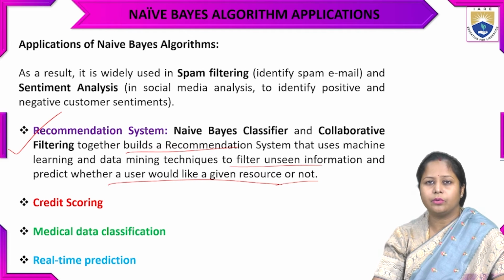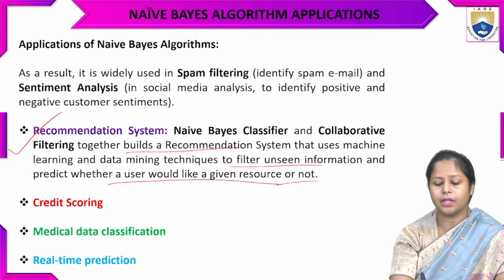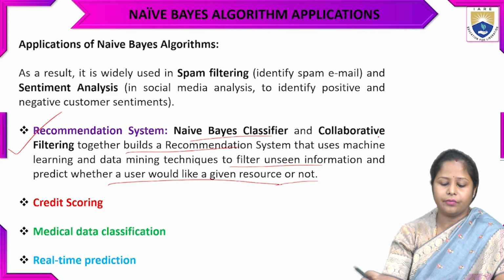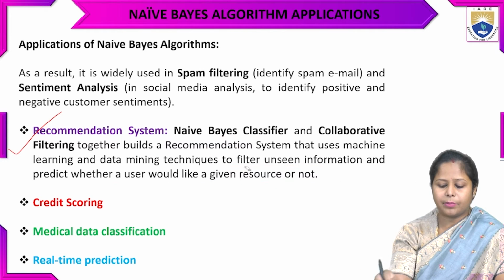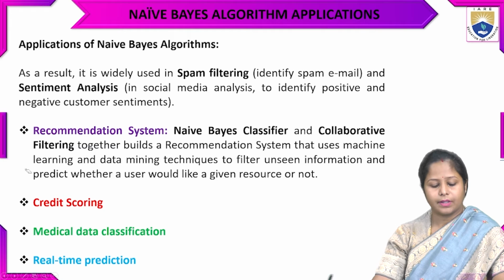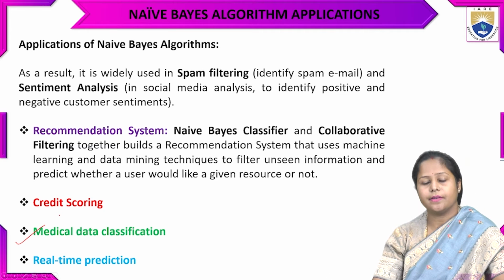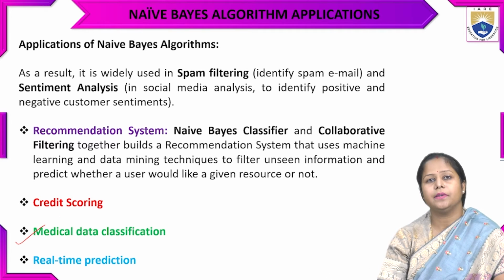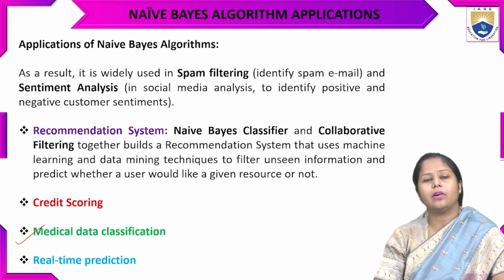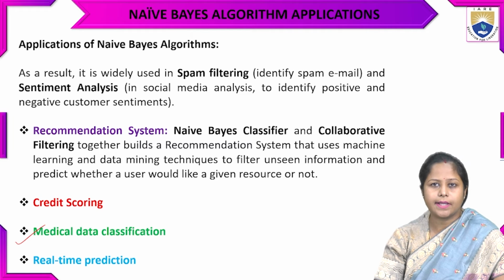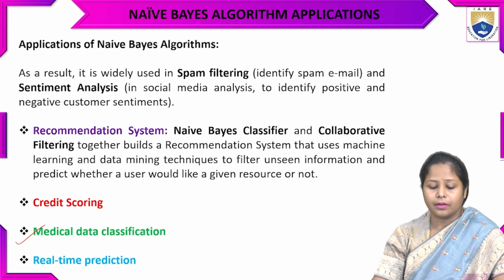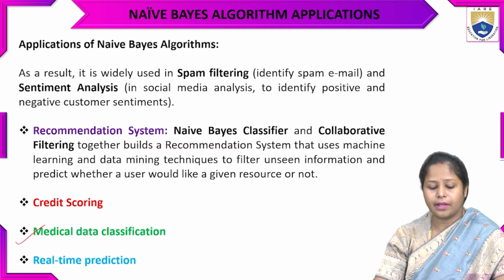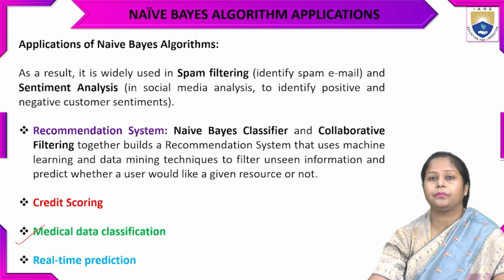So that will recommend to you on the basis of the naive Bayes classifier and collaborative filtering. Other examples are credit scoring, medical data classification, and real-time predictions. In real-time prediction, we can also use the naive Bayes algorithm because of the use of machine learning and data mining techniques.